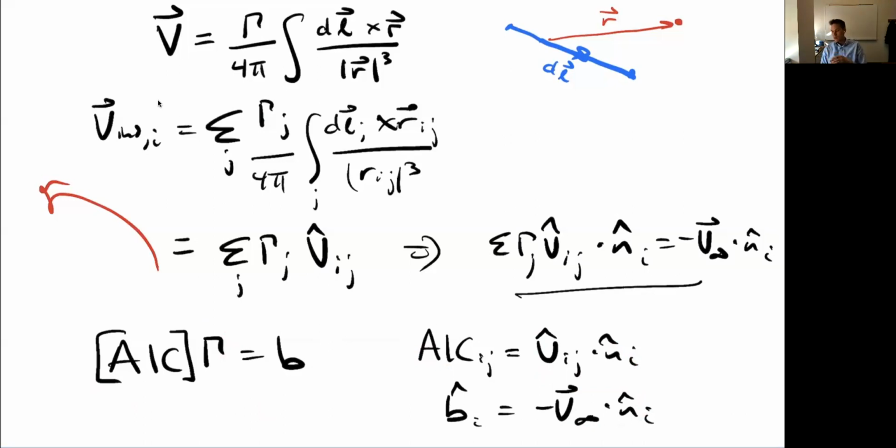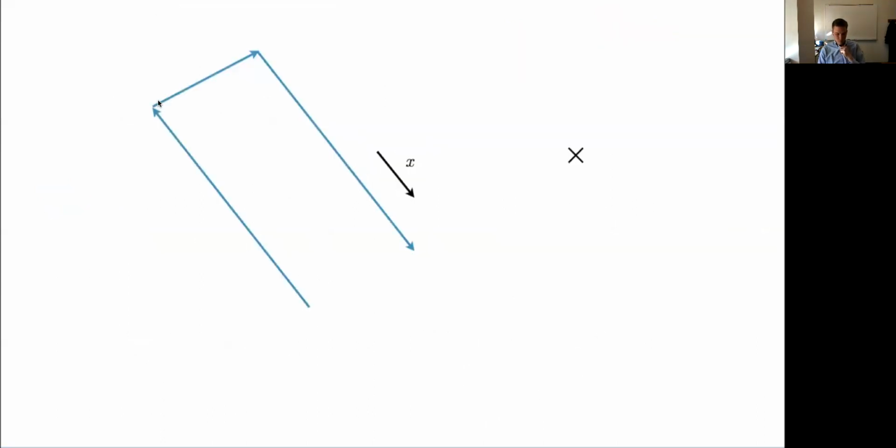So I will know what my circulation or lift distribution looks like along my wing. And now we've boiled this down to this problem: how do I get v hat ij? I need to get the velocity induced by a horseshoe vortex of unit strength at some arbitrary other location.